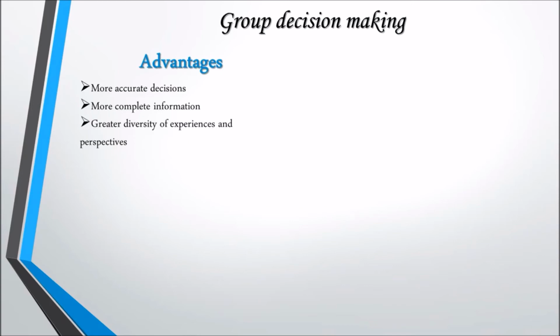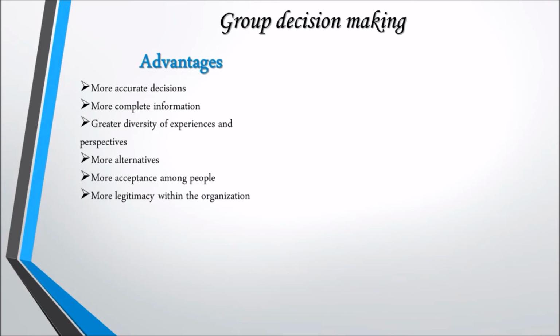So, comparing with individual decision making, group decision making has more advantages than disadvantages. Undoubtedly, it provides more accurate decisions as it includes more complete information, great diversity of experience and perspectives, better quality and diversity of information due to different groups, specialties, and more alternatives.